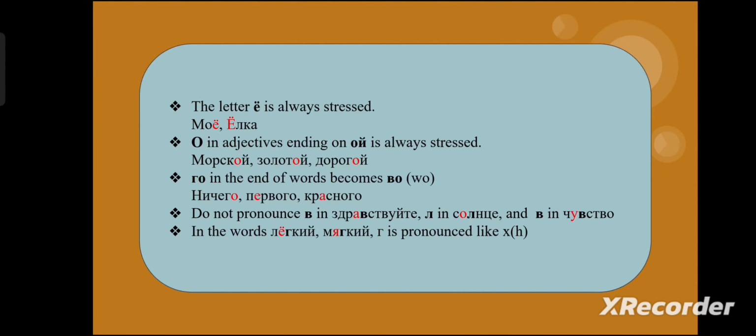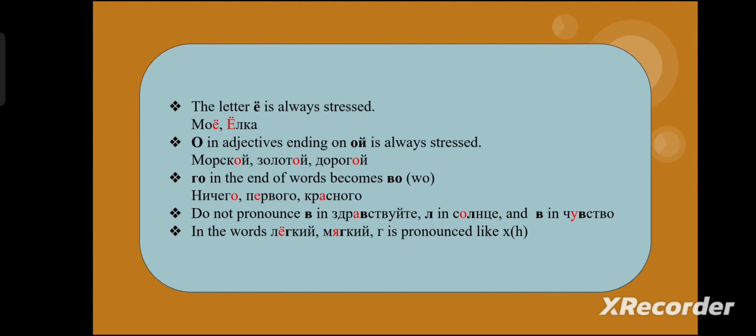Next, go at the end of words becomes wo. For example, Nichivo, Piervava, Krasnava. Here, go is pronounced like wo or wa. If the O is stressed, we pronounce it wo, and if the letter O is unstressed, we pronounce wa.